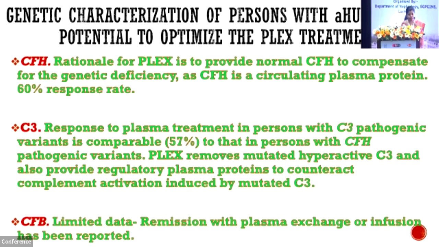Even in C3, there is a 57% response rate because the plasma exchange will take out the mutated hyperactive C3 and also provide the necessary regulatory plasma proteins. In CFB, there is very limited data for the use of plex.